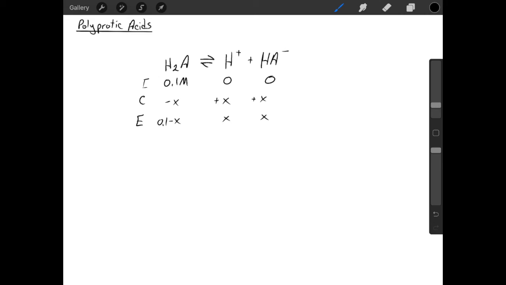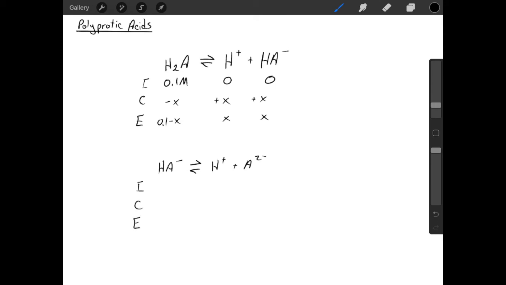And in a generic weak acid situation with a monoprotic acid, you could use that concentration of H plus and calculate the pH. But because you have a polyprotic acid, HA- can also dissociate and contribute H plus ions to the solution, so you need a second ICE table.